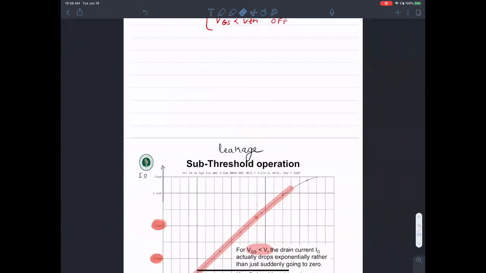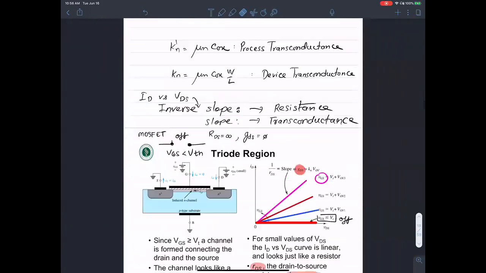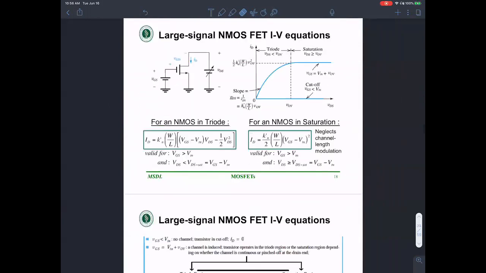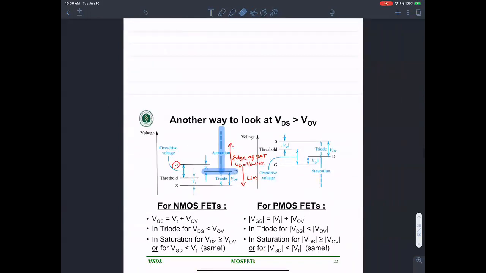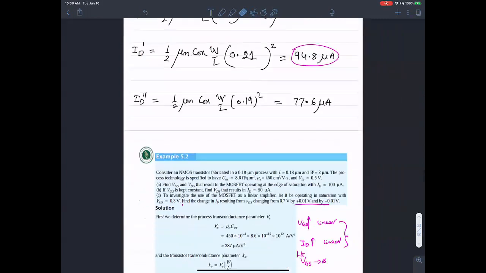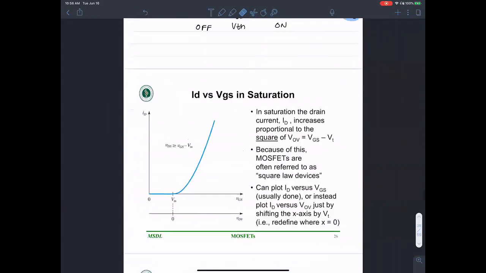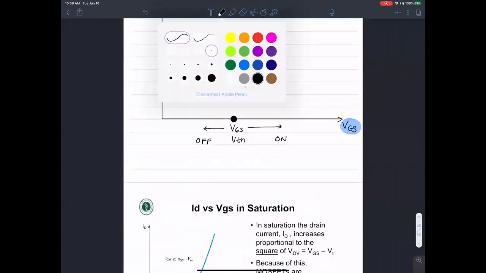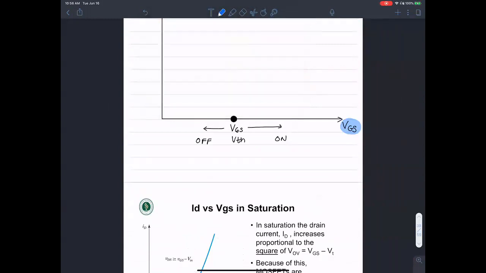Let me go back and try to plot how that appears. The argument is, as long as VGS is less than V threshold, towards the left of this point, there should be no current, because the MOSFET is off.